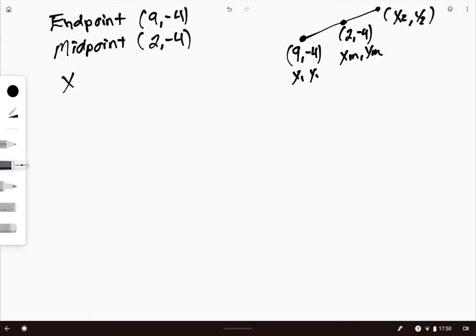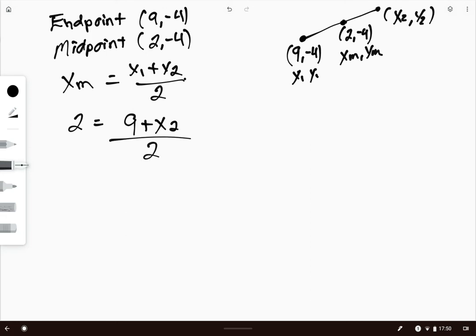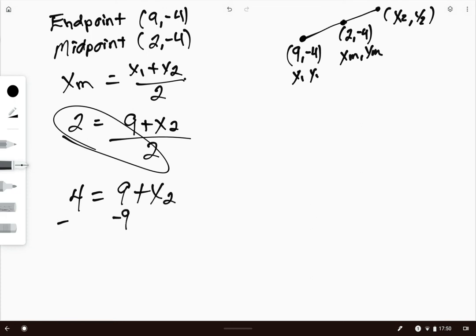All right, so here we go. xm is x1 plus x2 divided by 2. So my xm there is going to be 2. That's going to give me 9 plus x2, which is what I'm looking for, all of that divided by 2. So I cross multiply. 2 times 2 is 4. Then I'll subtract 9 from both sides. And that gives me my x coordinate for that endpoint, which is negative 5.